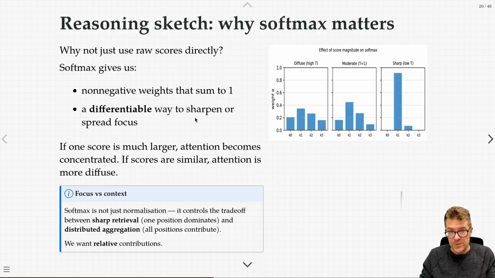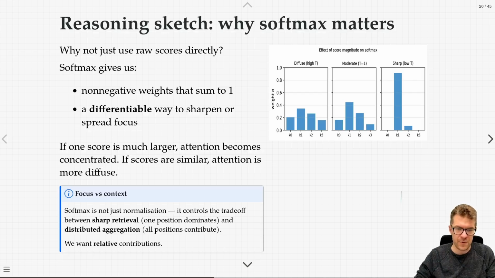It's differentiable, so these softmax functions are easily differentiable, which we care about because we're going to pass gradients through these neural networks to do training in ways very similar to what we saw in earlier modules. And so doing so will help us sharpen or spread focus in a controllable way.